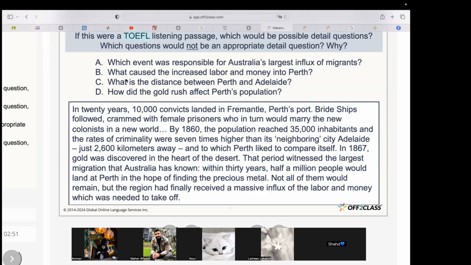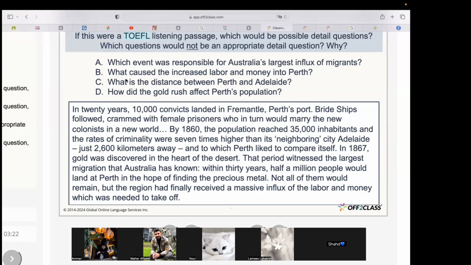What caused the increased labor, the increased money that came to Perth, the city? Because of gold? The finding of gold. What is the distance between Perth and Adelaide? 2,600. Instead of saying 2,600 kilometers away, you can just say 2,600 kilometers. It's better, it's easier on the tongue.